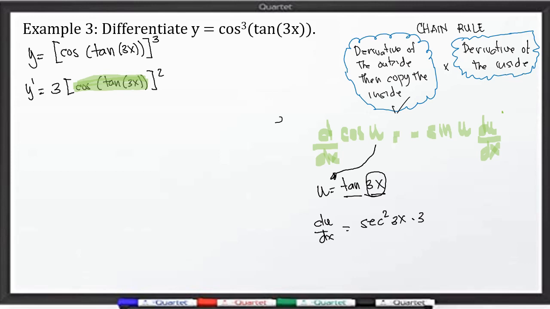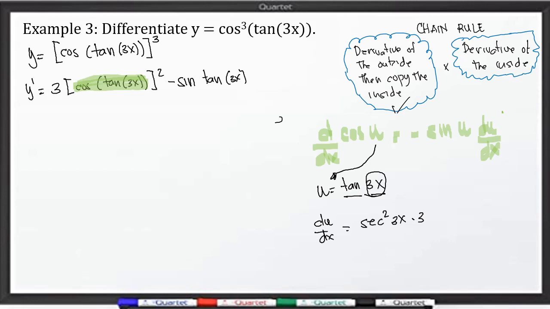So, therefore, let us try to do the derivative of the inside. We have cosine, therefore we have to multiply it by negative sine of tangent 3x.